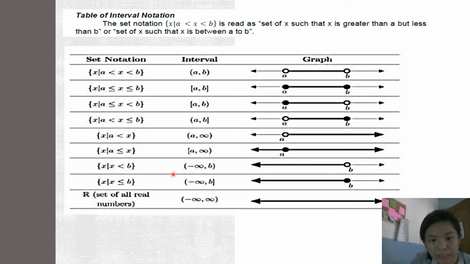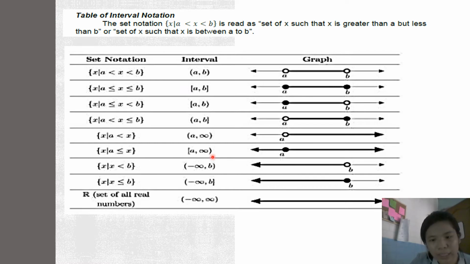Pero this time, since it's less than, yung arrow na naka-emphasize natin is banda sa left naman. Then, open circle siya kasi wala siyang equal sign. Then, don't forget, negative infinity siya kasi papunta siya sa left.